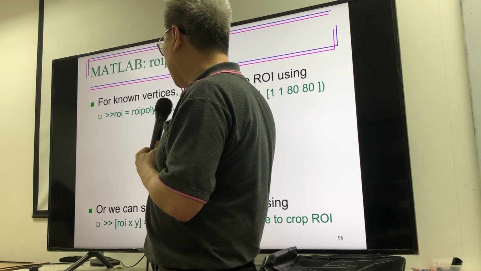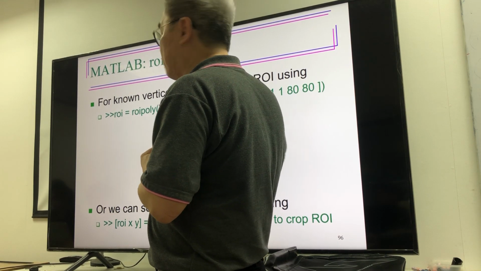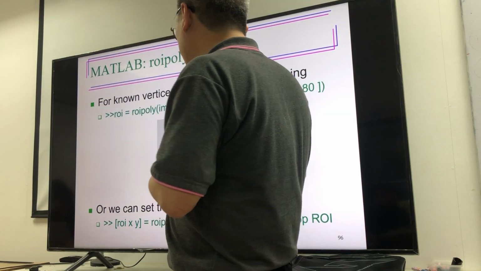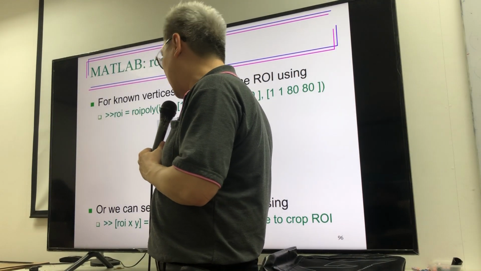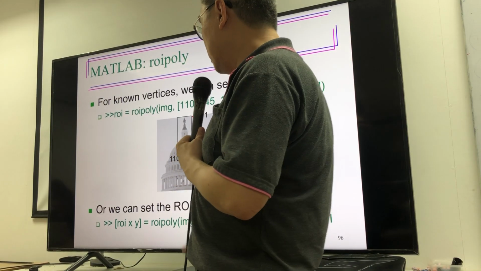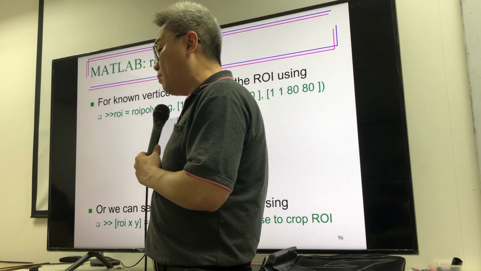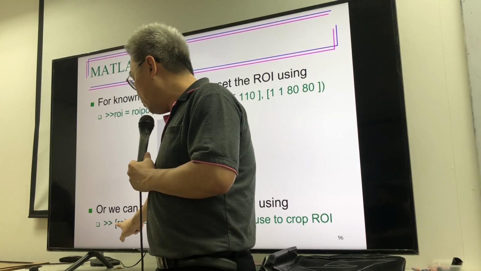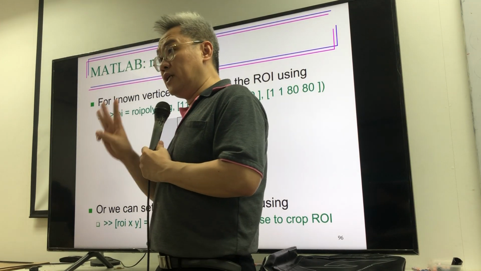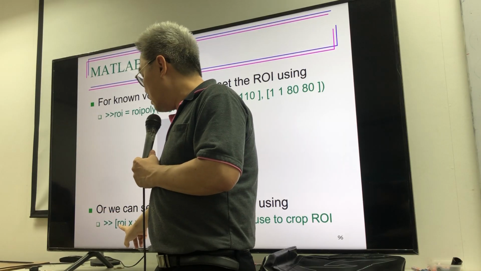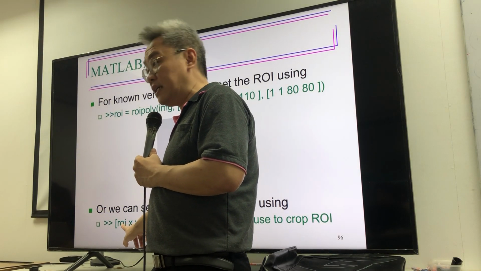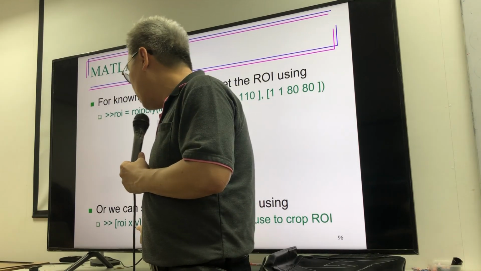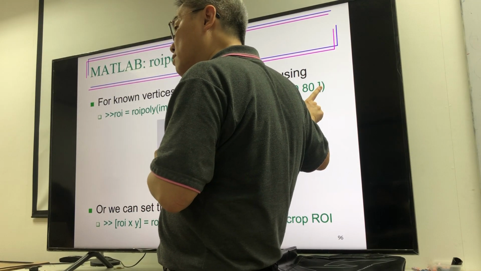However, a lot of times we don't know these coordinates in advance. So we can set the ROI interactively using the command roipoly and putting in the image. You get three outputs: the ROI, which is the black and white image, the x coordinates, and the y coordinates, which is this vector.